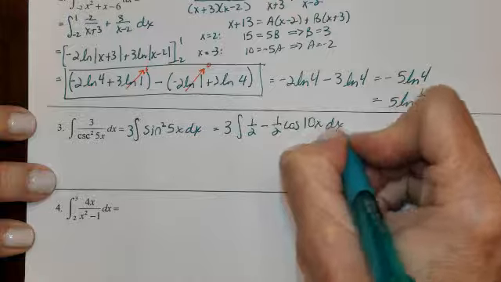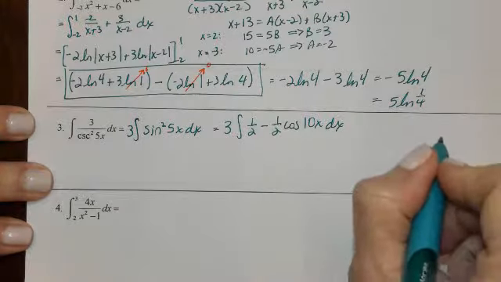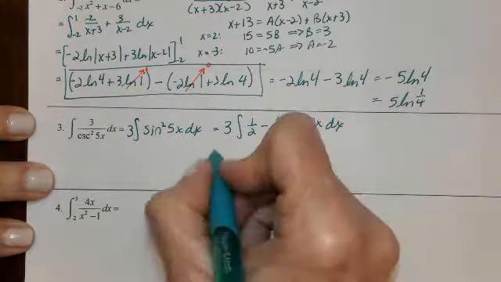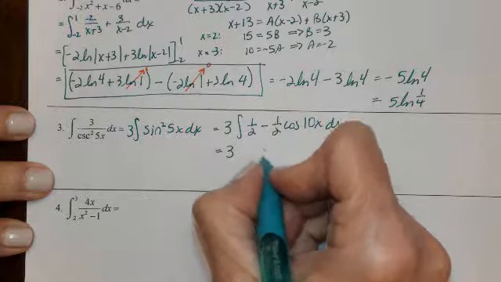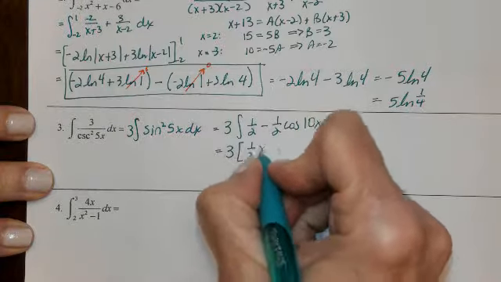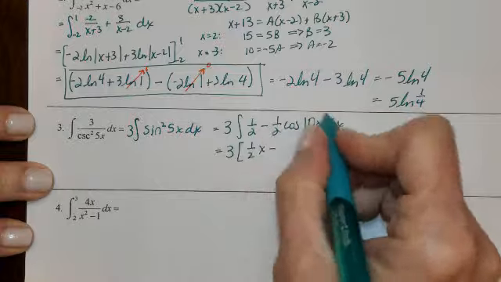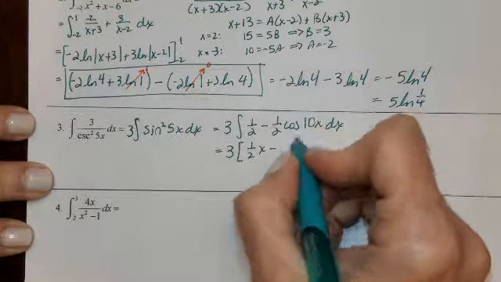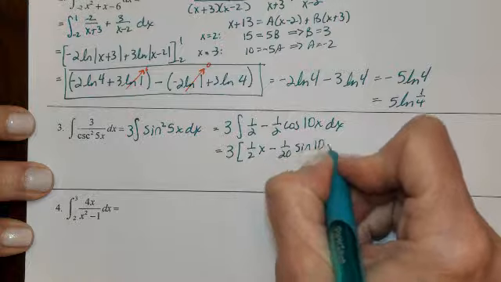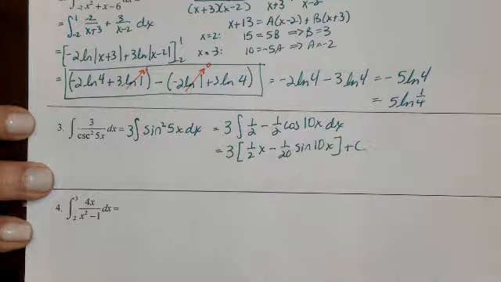I'm using the double angle identity for cosine. And now we have something that's very easy to integrate. This will be 1/2 x minus, the antiderivative here would be 1/20th sine of 10x. That's it.